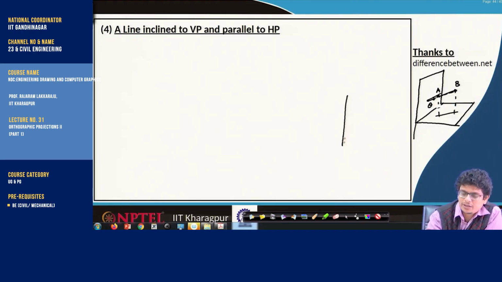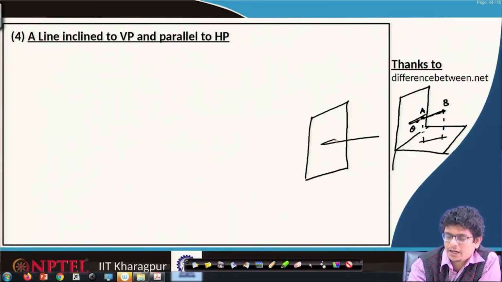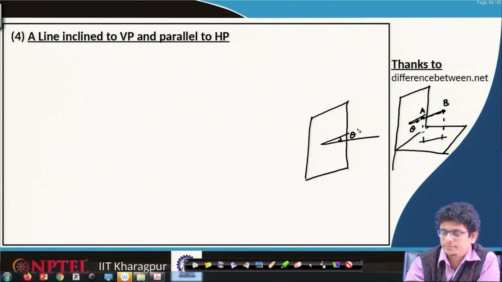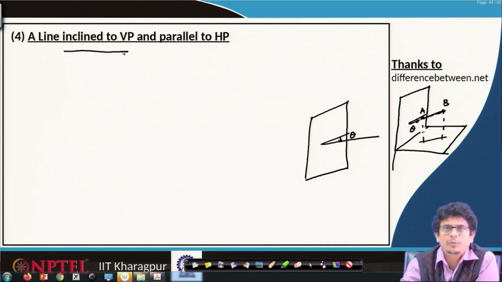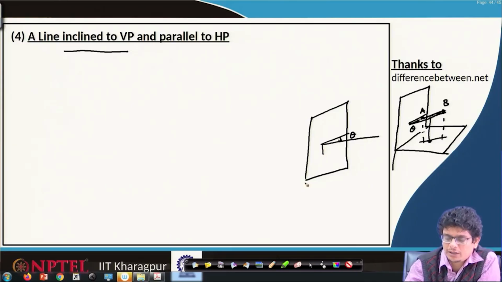So your line makes an angle theta; that kind of line is inclined to the vertical plane but parallel to the horizontal plane. If I move this line all the way down, it straight away maps there.